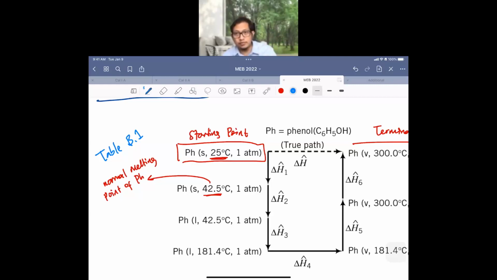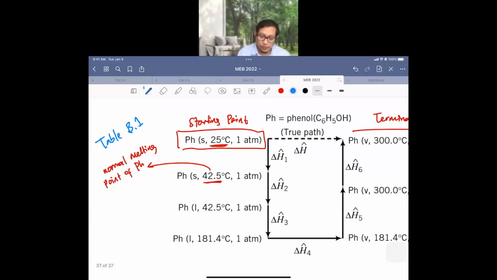But now, since we are dealing with other species, like phenol, we need other states, when there are changes, for example a change in phase or the normal melting point, like this one.